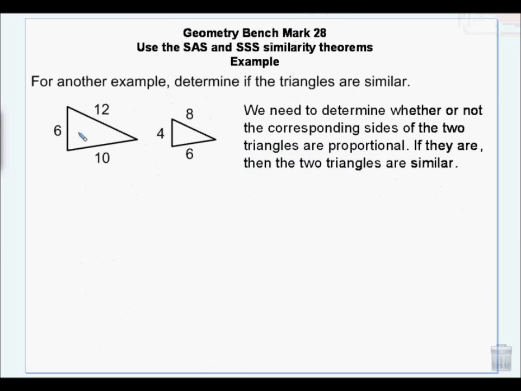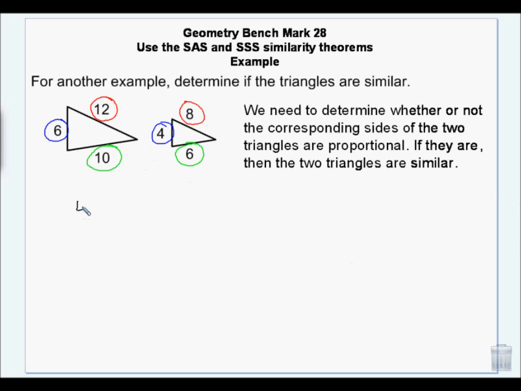Side, side, side similarity. We have 3 sides, right? So let's look at corresponding. 12 and 8 go together. This 6 and this 4 go together. And then this 10 and this 6 go together, based on just the direction that the triangles are pointing.